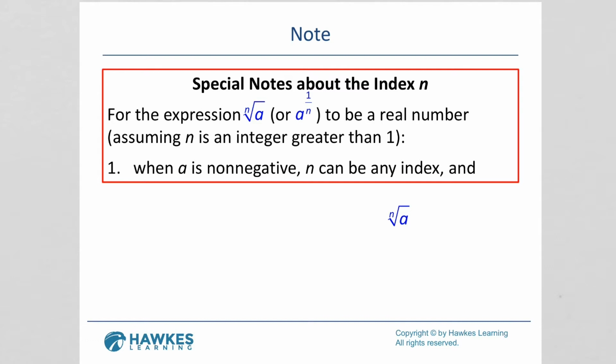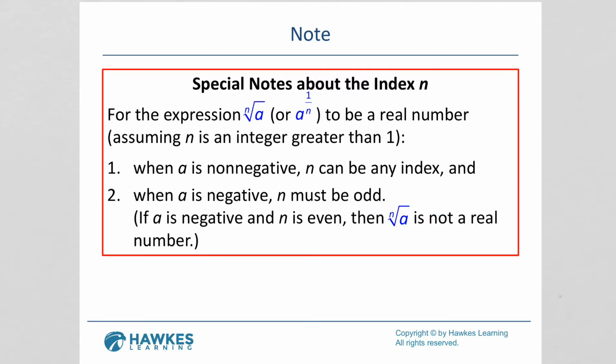For the expression nth root of a, or a to the 1/n, to be a real number, we have to assume n is an integer greater than 1, which basically means a positive number. When a is non-negative, n can be any index. If a is negative, n must be odd. If a is negative and n is even, then the nth root of a is not a real number.